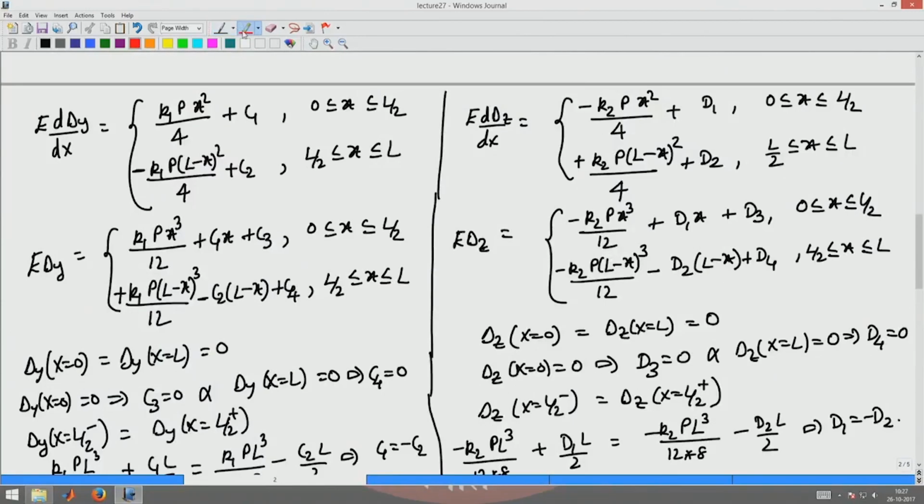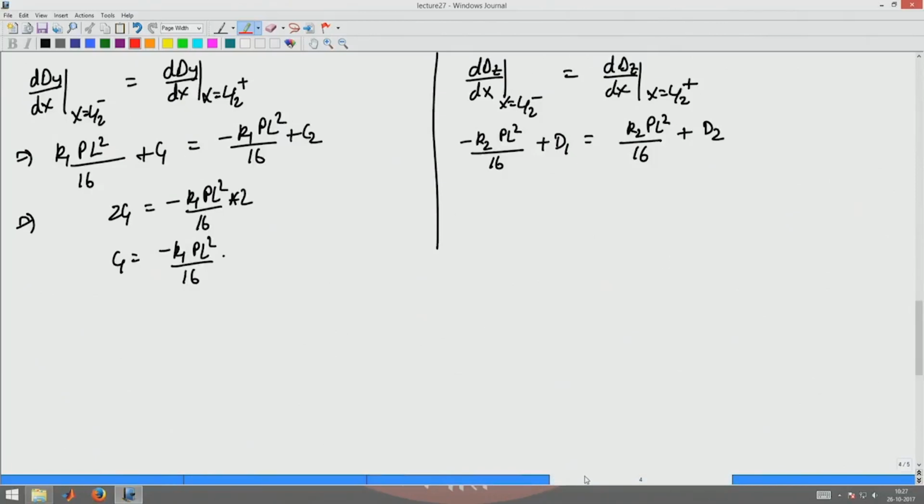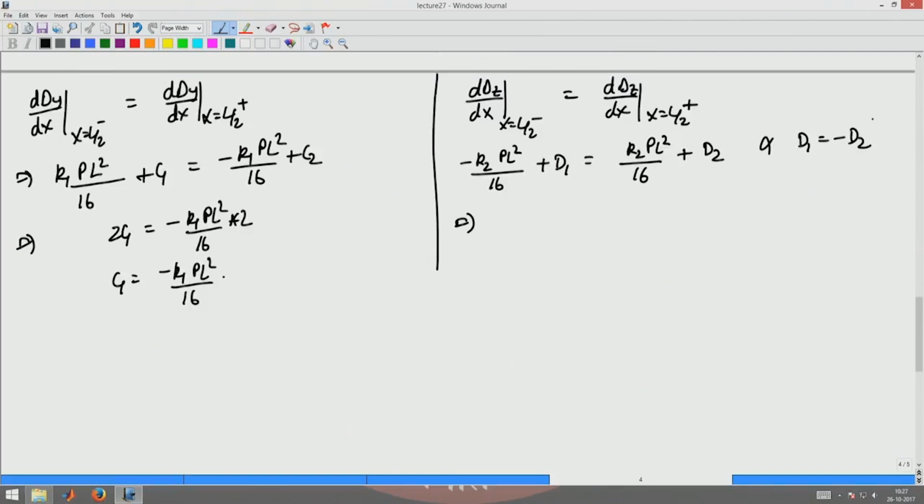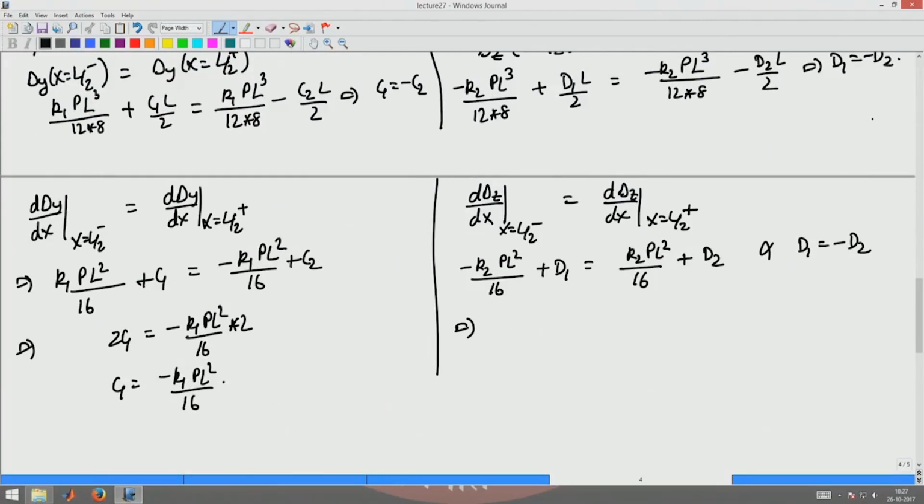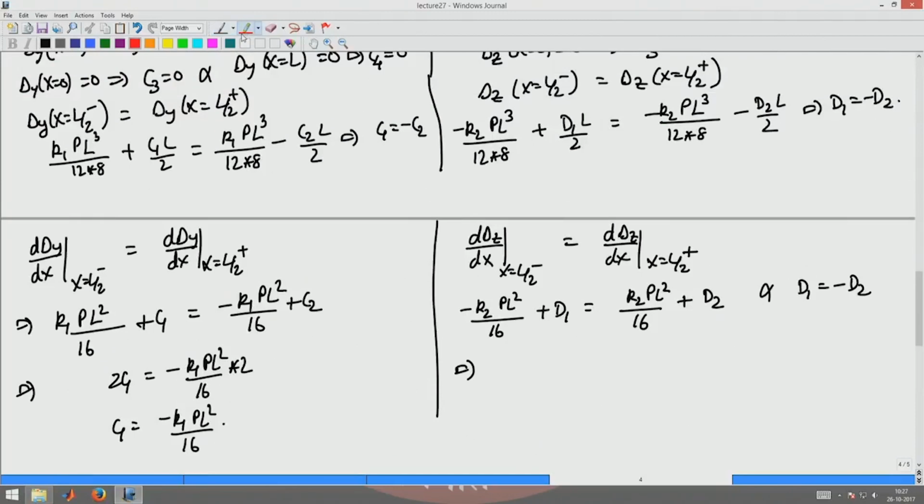You can see that this has a differing sign from what you had here. Okay, hence the sign will differ. Okay, so this implies, along with the condition d1 is equal to minus d2 from the continuity of the displacement. From here you got that condition d1 equal to minus d2. Here you got the condition d1 equal to minus d2. These two conditions together will tell you that d1 is K2 P L square by 16.